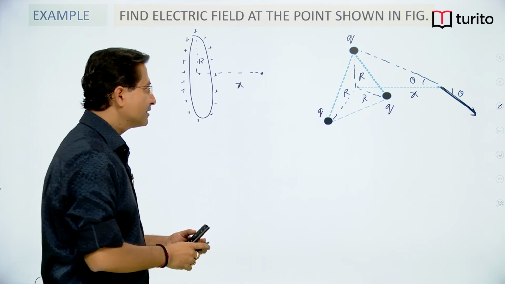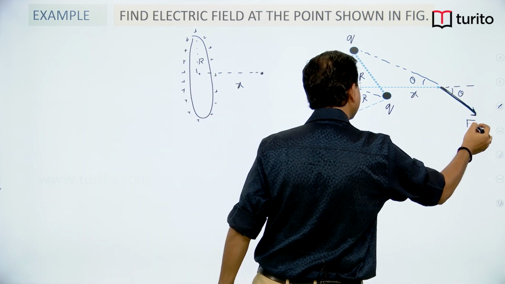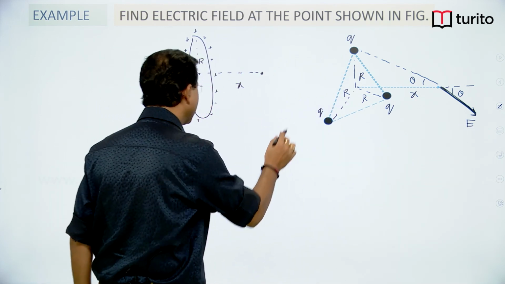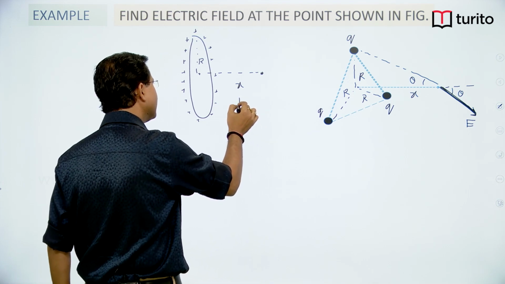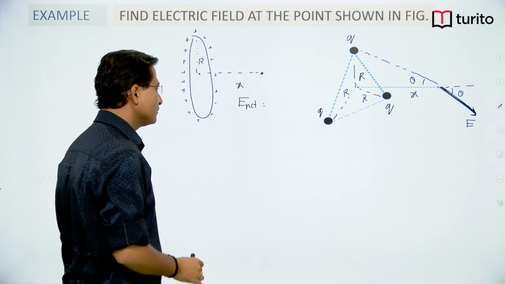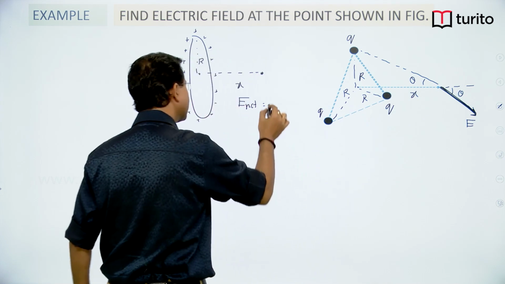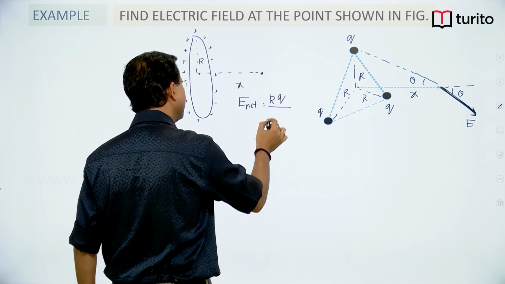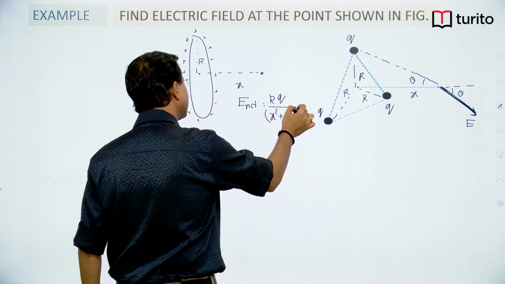If you add, their cos component will get added up. So this is the field produced by 1. Their cos component will get added up, and in this situation I can write that the net field is equal to k q divided by x square plus r square, times cos theta.